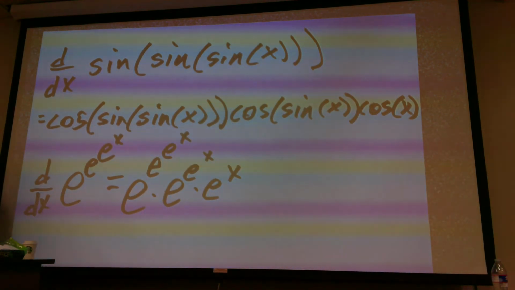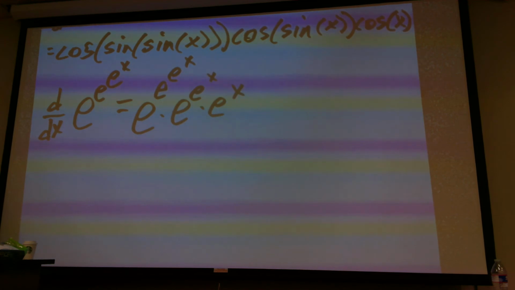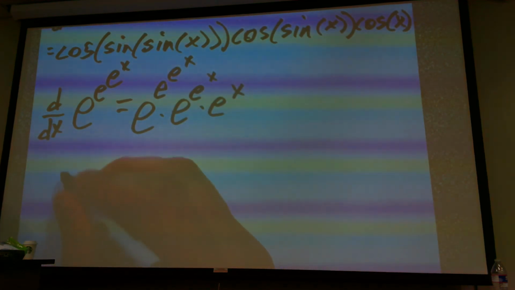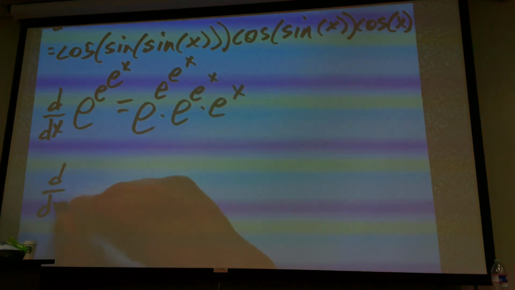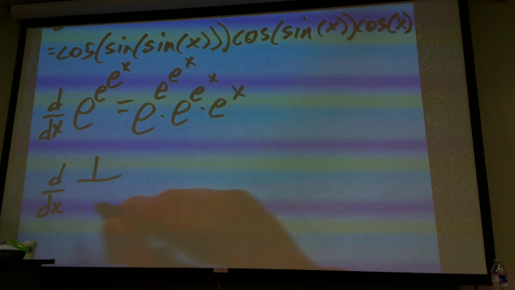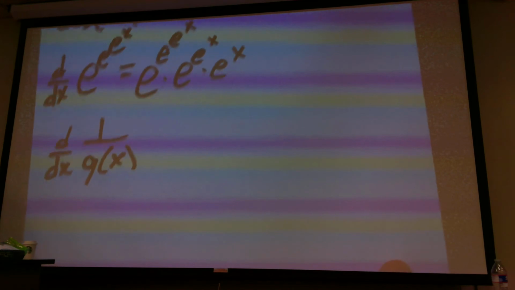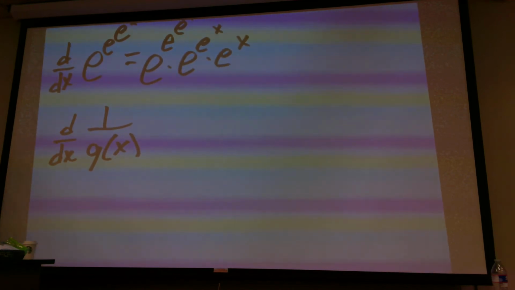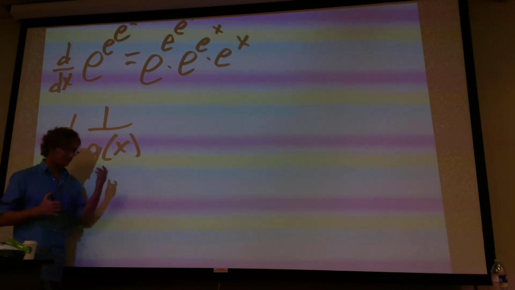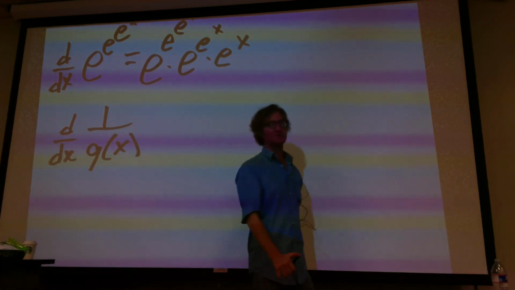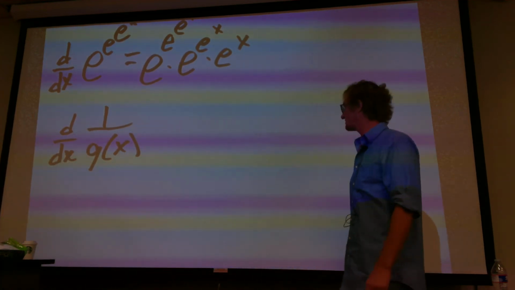So, consider a generic problem like this: 1 divided by g of x, just an arbitrary g of x, any function, as long as it's not 0, because you can't divide by 0.